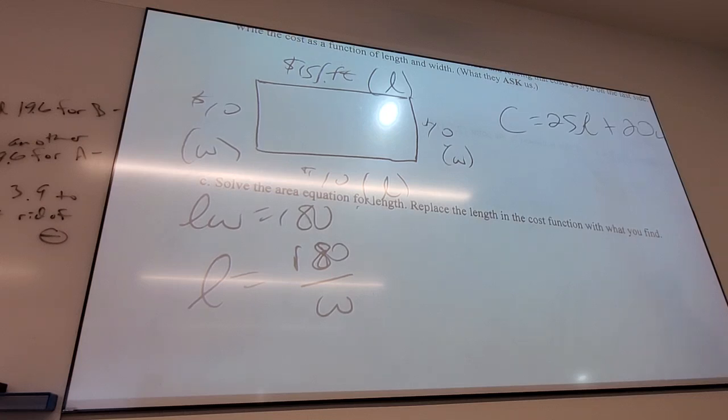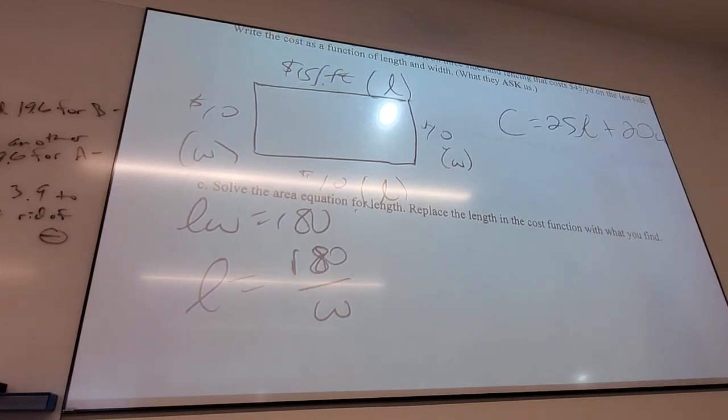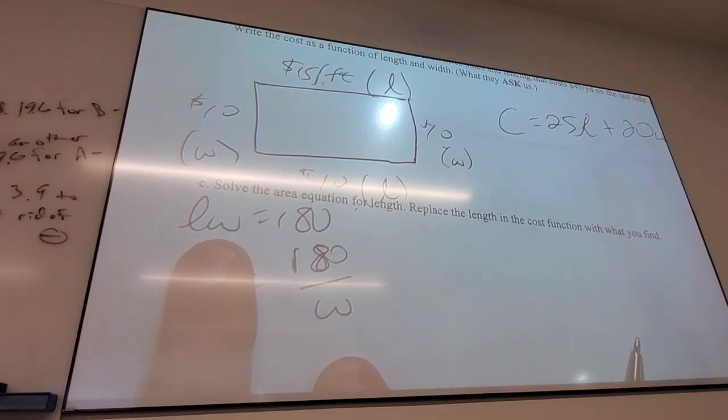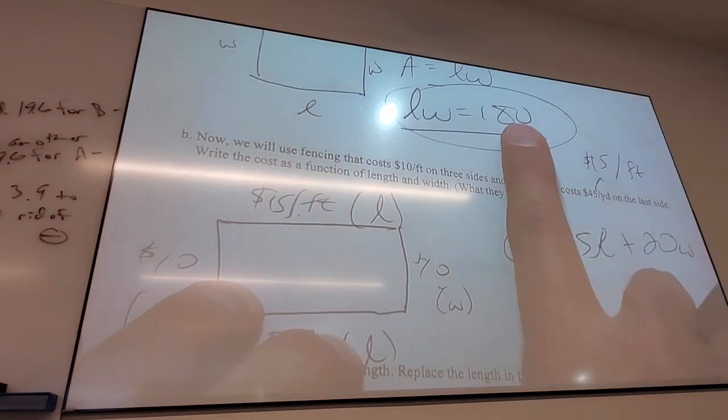Yes? How did you get that? L equals. I'm just solving for length. So how do I get L by itself? What do I want to get rid of? W. And the operation's multiplication, so of course I divide to kill it. No, I just wrote A for that. I didn't write it out. Oh. Yeah, we know that the area is 180.